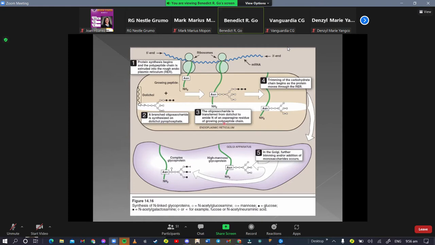And then the fourth is trimming of the carbohydrate chain, which begins as the protein moves through the rough endoplasmic reticulum. So take note, everything occurs in the rough endoplasmic reticulum, except for additional trimming and addition of other monosaccharides. This occurs now in your Golgi. So you can see this in your complex and your high mannose.